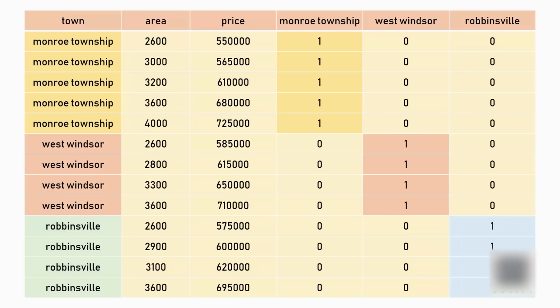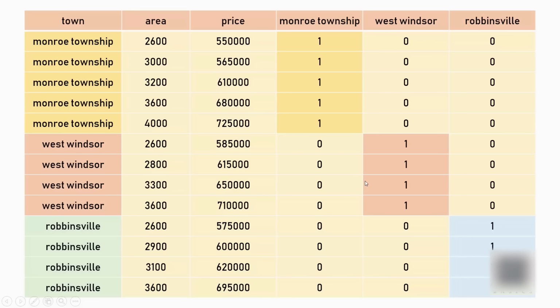So as shown in the diagram here, for Monroe Township, I have put 1 here and remaining values are 0. Same thing for West Windsor and Robbinsville. Alright, so we are going to use this one-hot encoding technique to solve our problem. And these extra variables which are created, they are also called dummy variables.